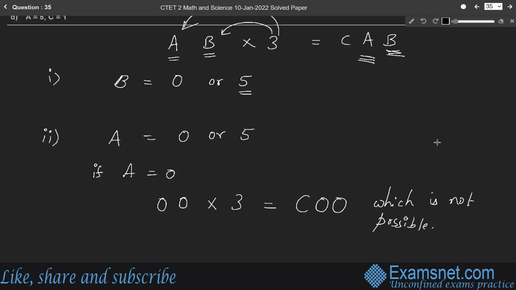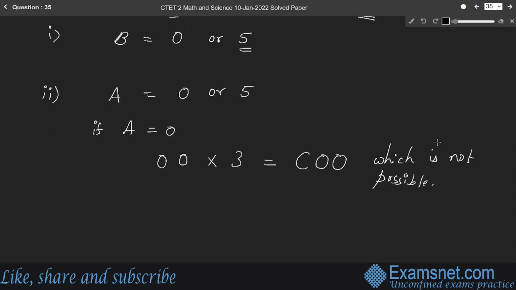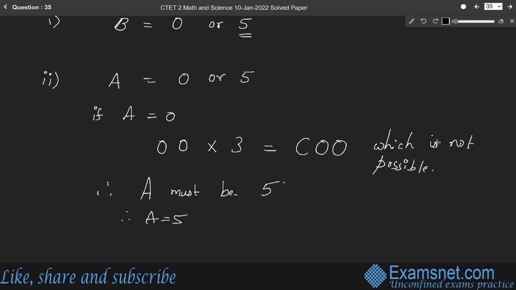So 0 into any number becomes completely 0, which is not possible. Therefore, A must be the number 5. So A is equal to 5. So B is equal to either 0 or 5.